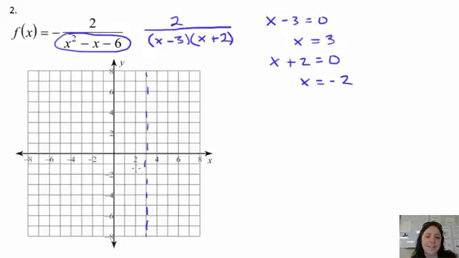You can draw straighter lines than I'm doing here on my tablet. And my second vertical asymptote will be over here at x equals -2. That's our second problem for the vertical asymptotes. They are the same for each of the problems. Let's go on and do problem number 3.